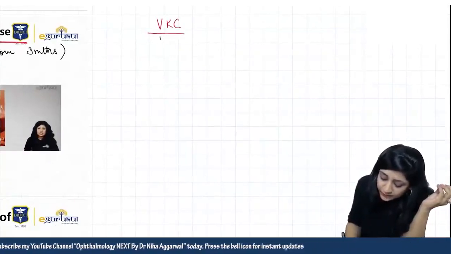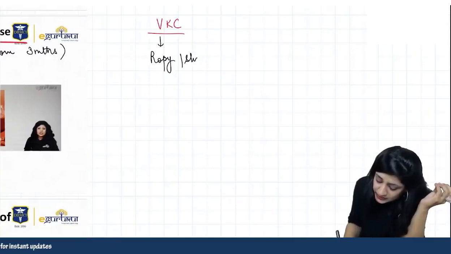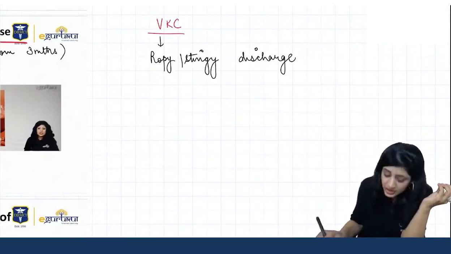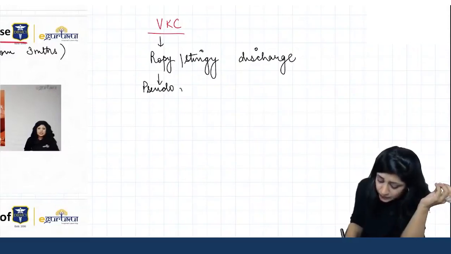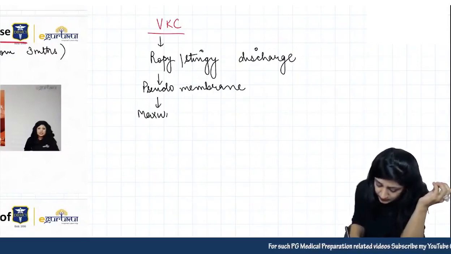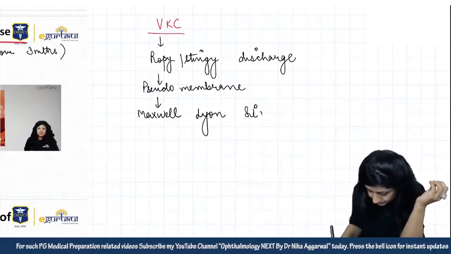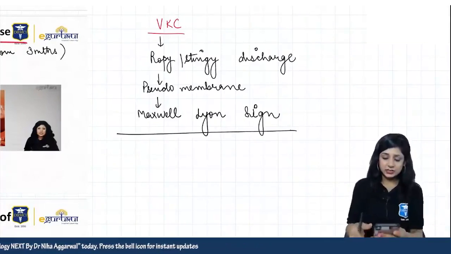We have got a very thick discharge that is called the ropey discharge or the stringy discharge, which leads to the formation of pseudomembrane. This is called the Maxwell-Lyon sign, right?